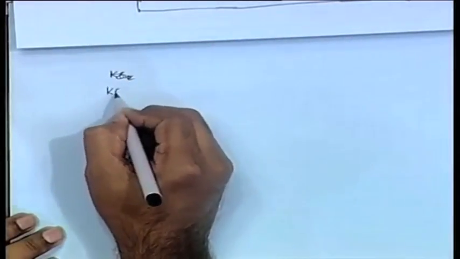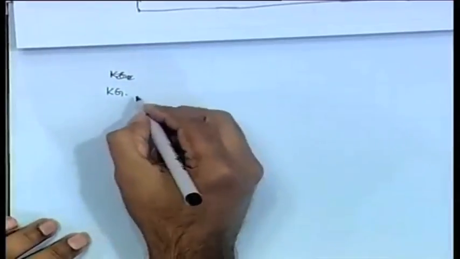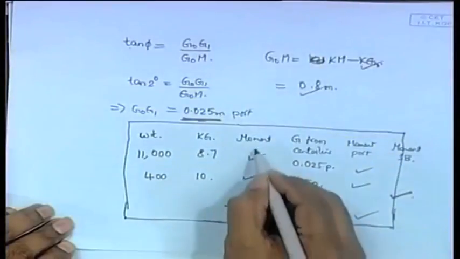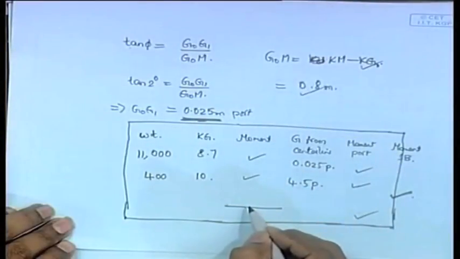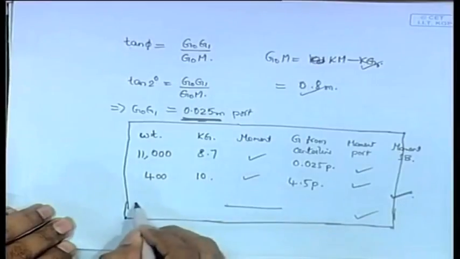KG0 means initially, before the loads are added. Once you add the load, it becomes KG. You are asked what the new position of your KG is when different loads are added at different points. So KG will be these moments divided by the total weight.